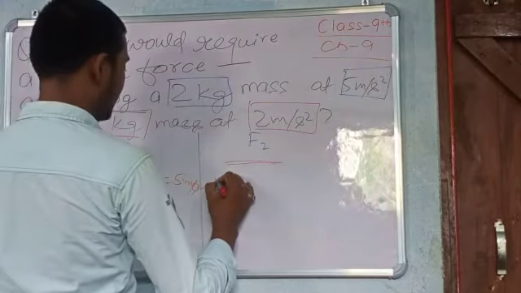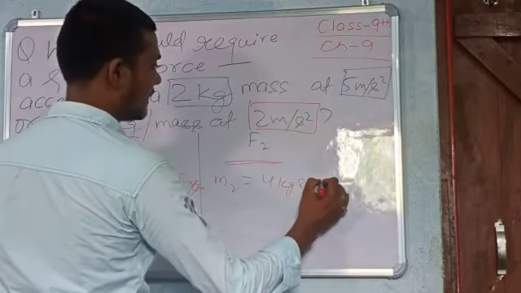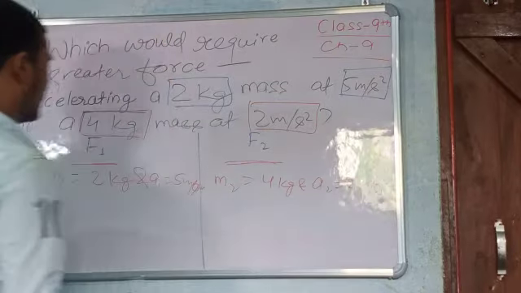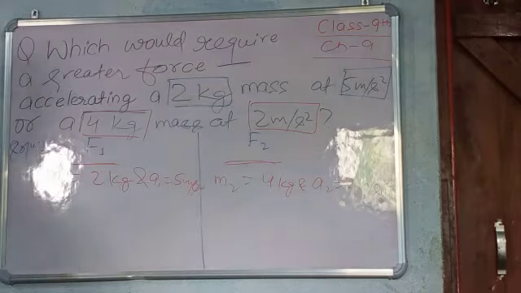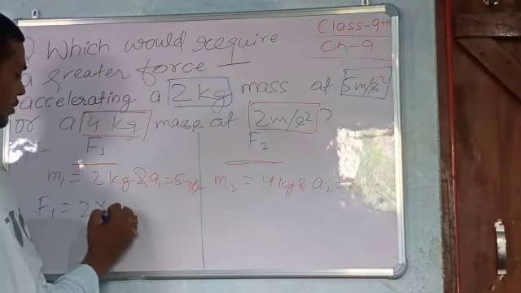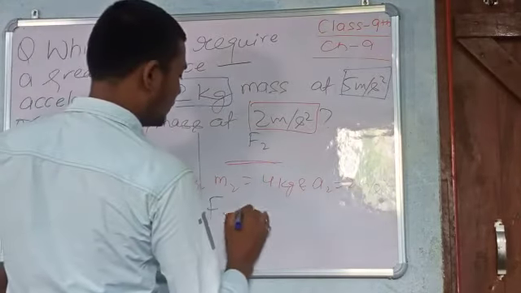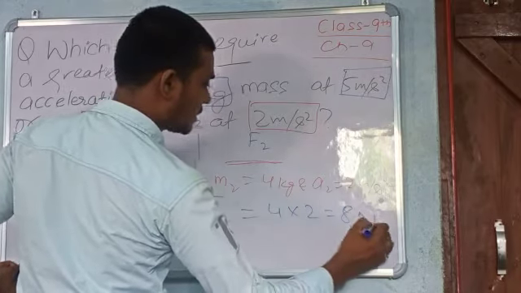Again M2 equals 4 kg and A2 equals 2 meter per second square. So F1 equals 2 into 5, which equals 10 Newton, and F2 equals 4 into 2, which is 8 Newton.